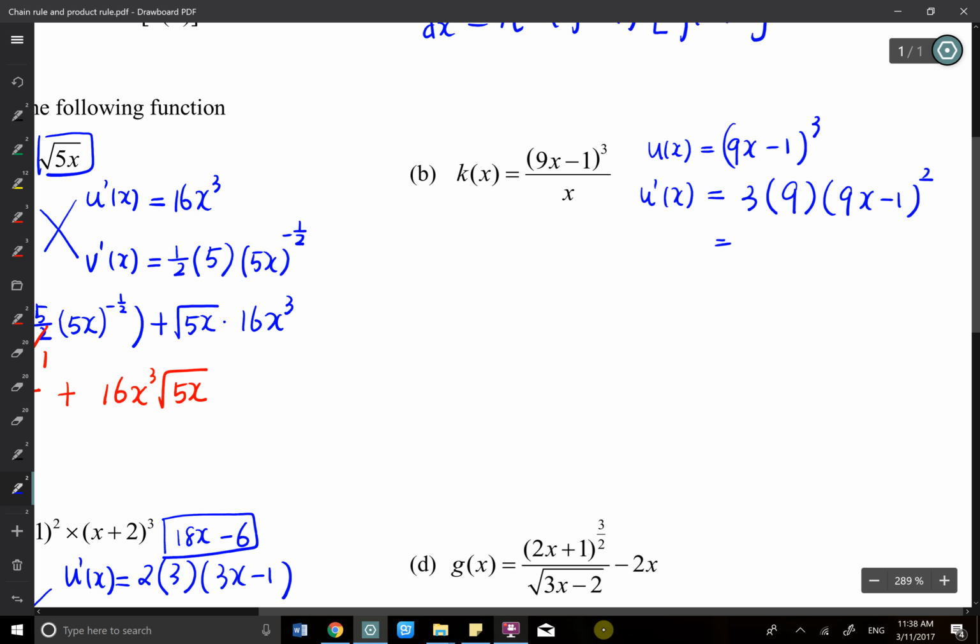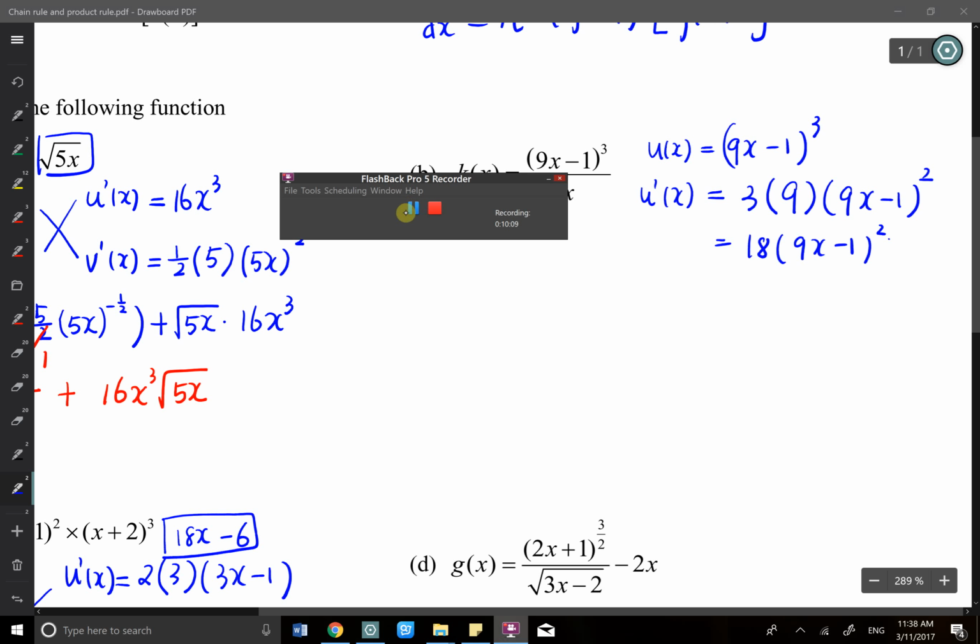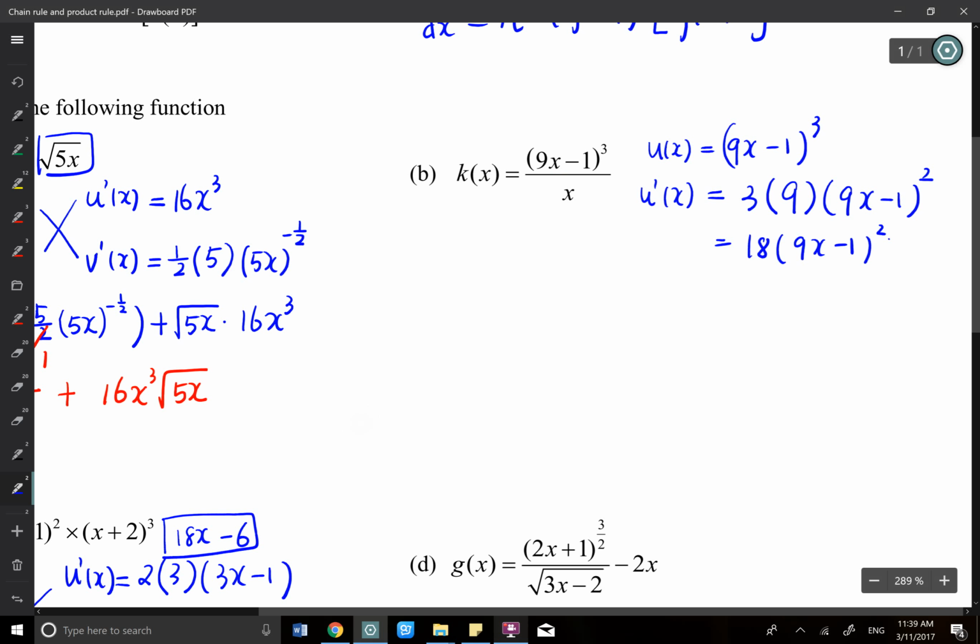So I will have 27 (9x minus 1) squared. And then we have v(x). v(x) is easy: v(x) is x, and then v dash x will be 1.